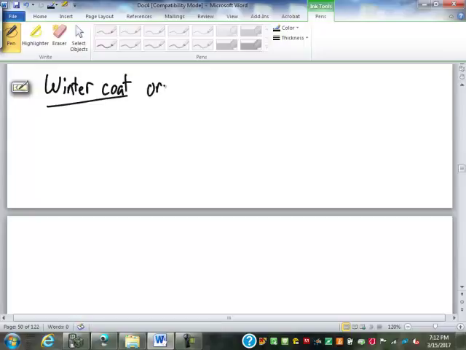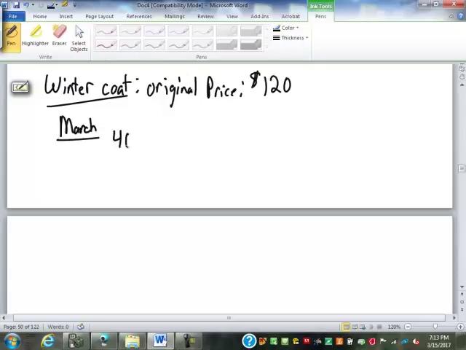Its original price is $120. In March, because winter's pretty much over, put it on a 40% markdown.